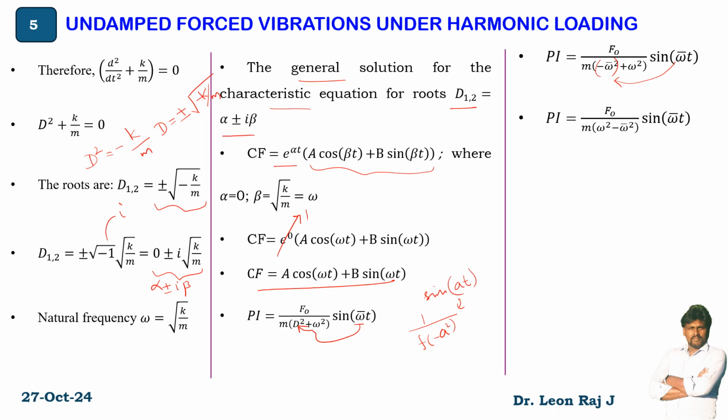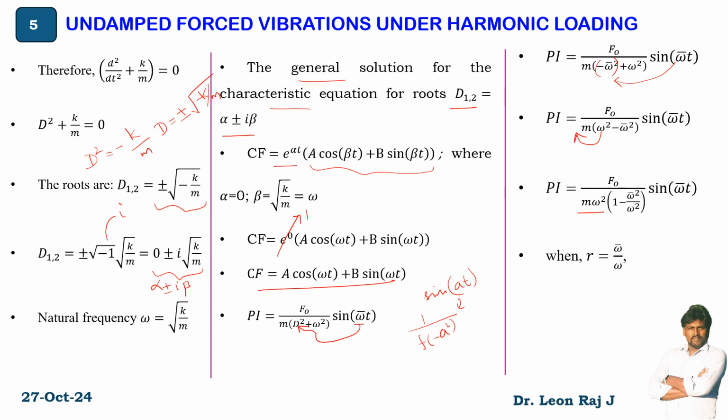So your particular integral is f0 divided by m into omega square minus omega bar square, in the sin omega bar t. Just take the omega square out of this term. So you get m omega square into 1 minus omega bar divided by omega, whole square, in the sin omega bar t.